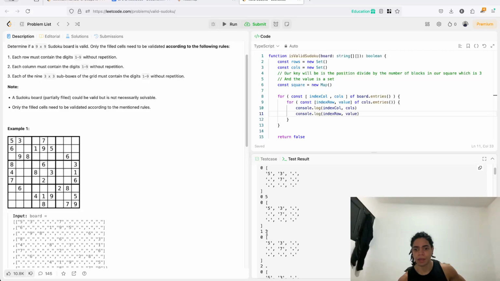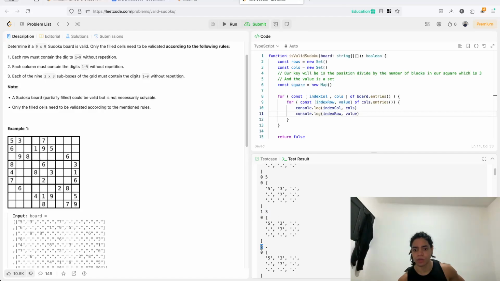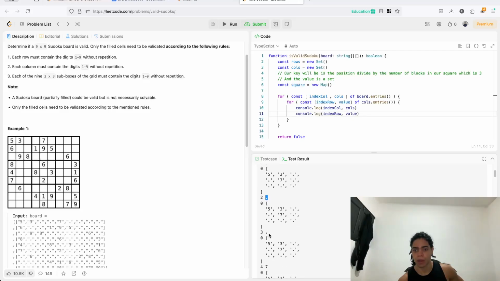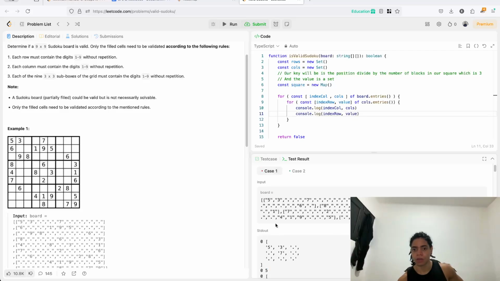The index row is 0 and the value is 5, the index row is 1 and the value is 3, the index row is 2 and the value is nothing, and that kind of thing, you know, and that makes a ton of sense. So what we're going to do is this.